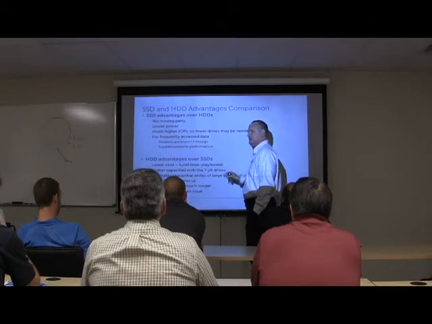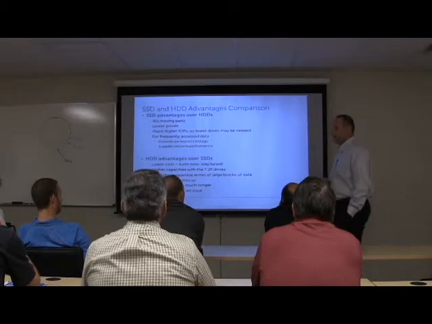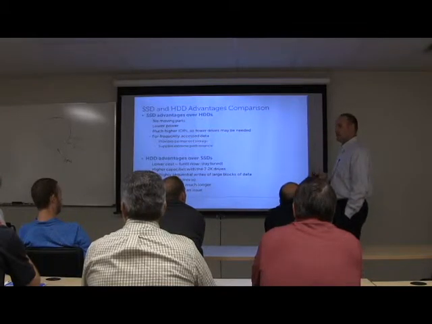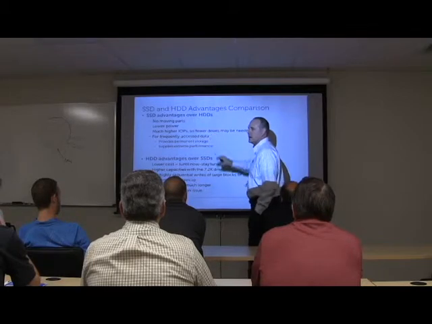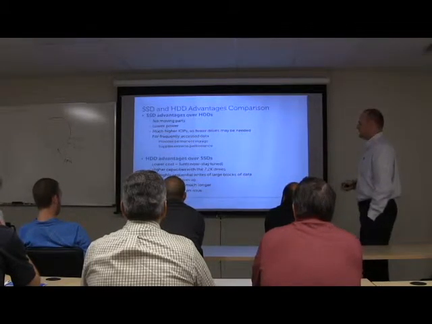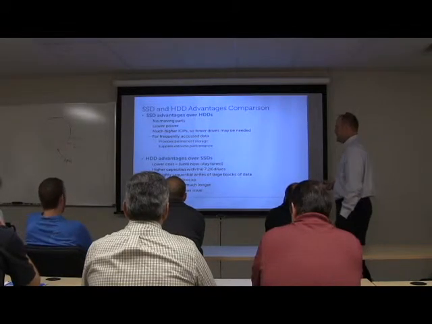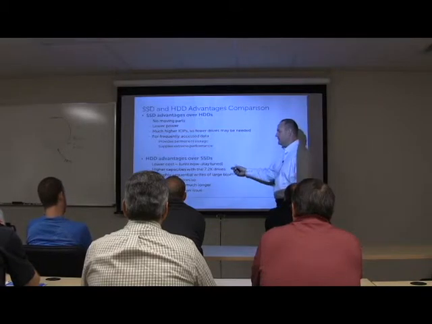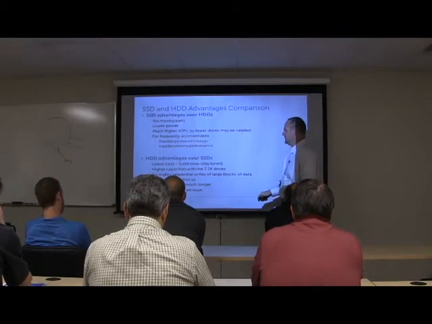What about heat? Heat is another thing, the cooling of it. You're right, SSDs environmentally are going to cost you less. Higher capacities are with the 7.2K drives only. Your 15K, you're already out-doing them with your SSDs.